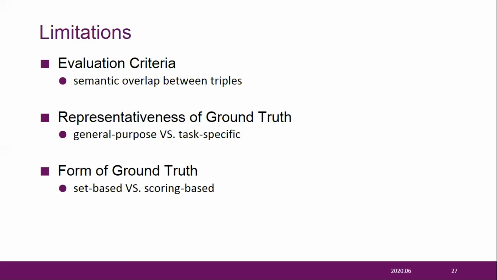Then, about the representativeness of ground truths. In ESBM, the ground truth summaries are created for general purpose, and accordingly, we use them to evaluate general-purpose anti-summarizers. However, for specific tasks, these summaries may not show optimality and the participating systems may not represent the state of the art.